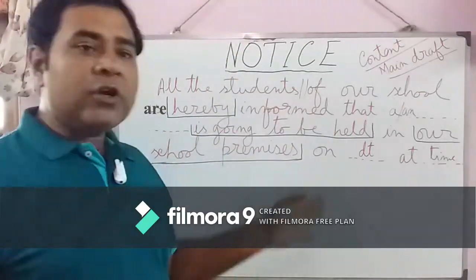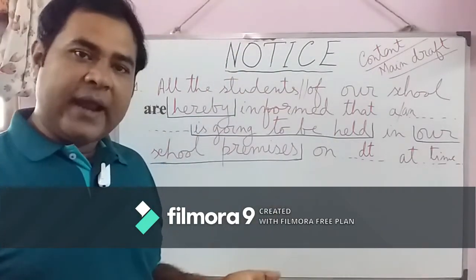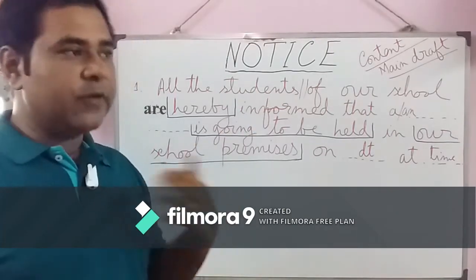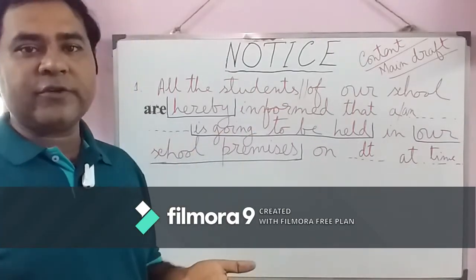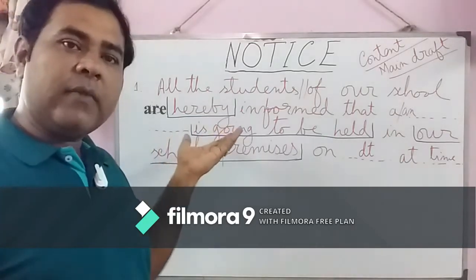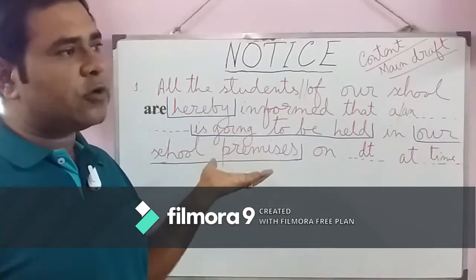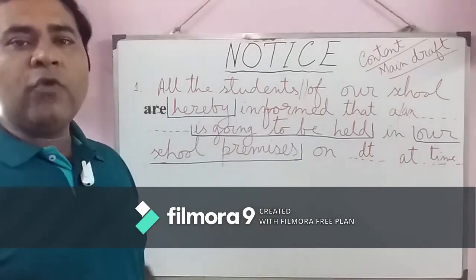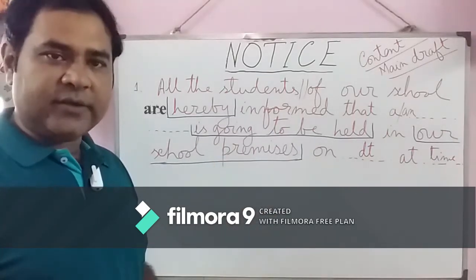Now, this is not the only way. You can explore and improvise in your own way by studying different books, learning from different sources, and any one of the processes you can choose to begin the notice. Now, we move on to the next part.